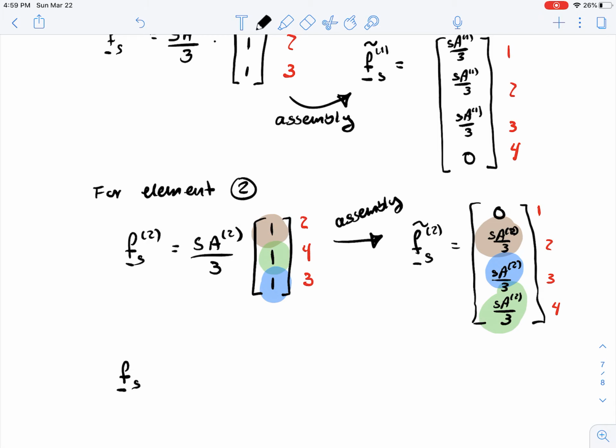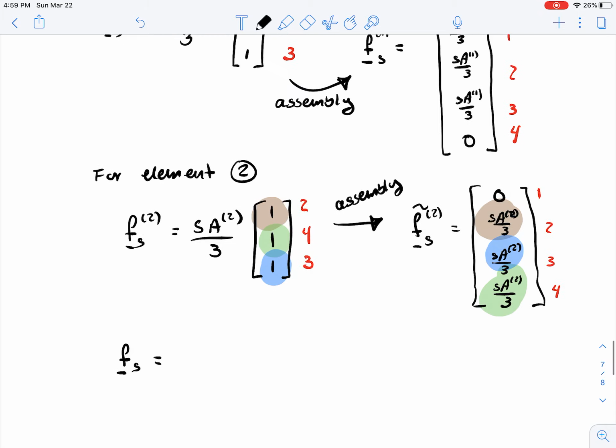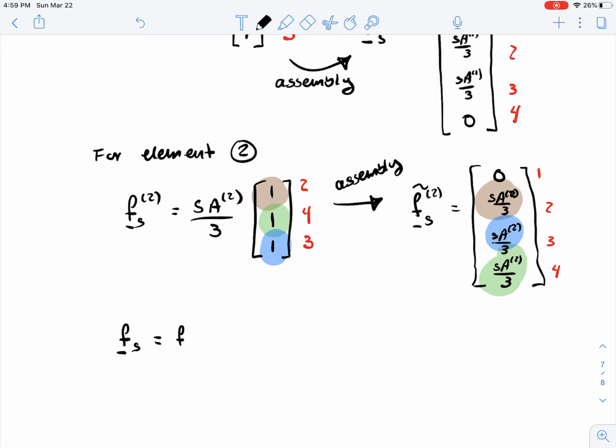So the total force vector due to the source term is just going to be the F1 tilde plus the F2 tilde. So that one's just going to be SA1 over 3. Here SA1 over 3 plus SA2 over 3.